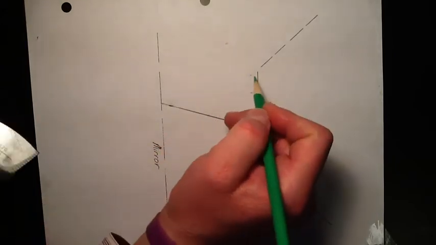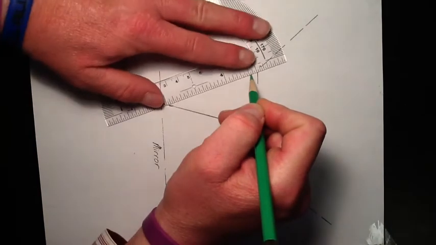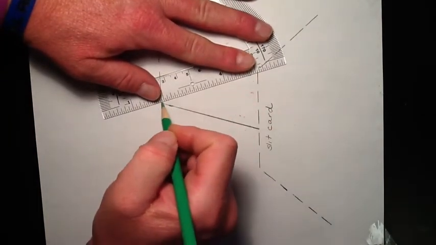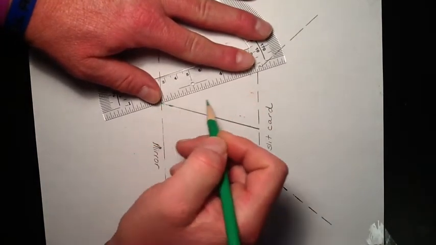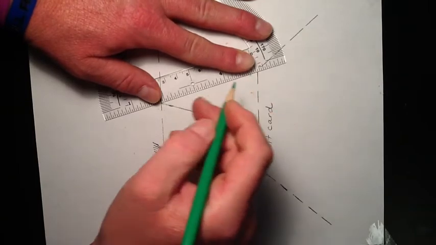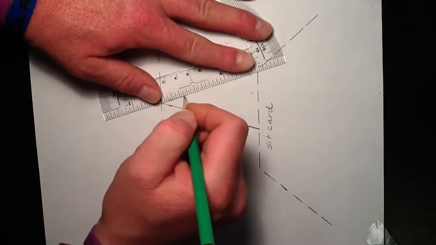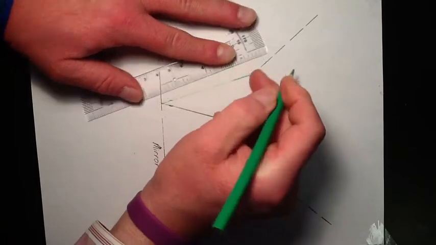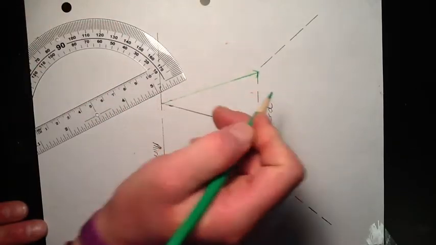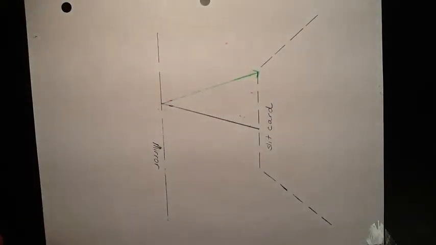Using the green, I'll mark where the light reflected off the plane mirror. That's my path of reflected light for a plane mirror.